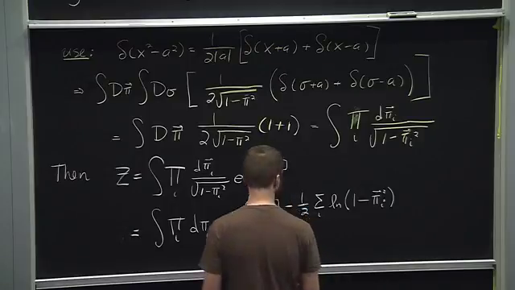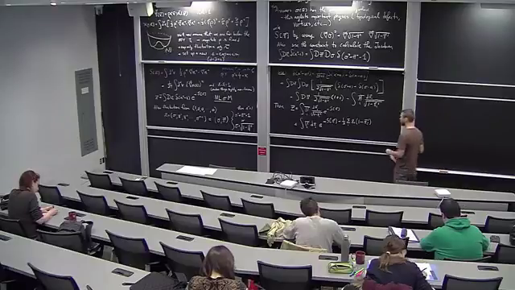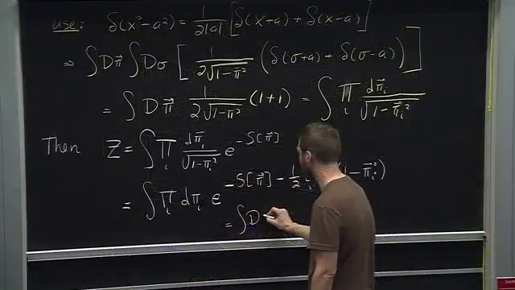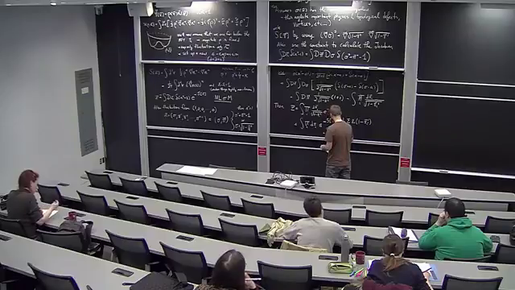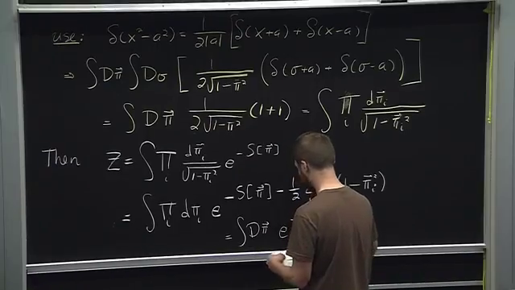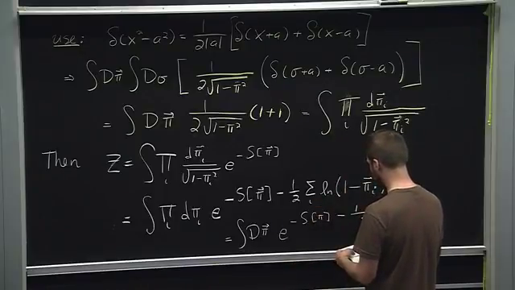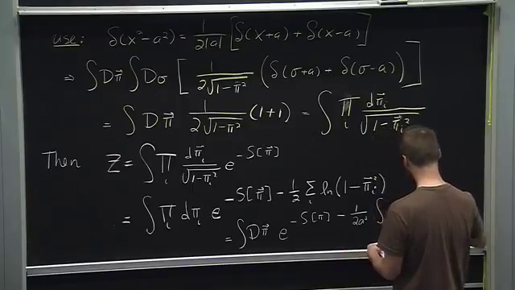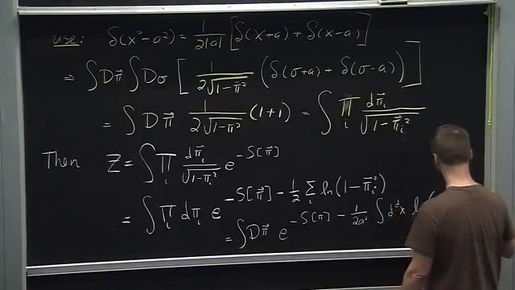So let me write this as now my functional integral over pi. How did I write that before? E to the minus S of pi. And let me turn that sum into an integral, which becomes strangely important later on. I'll just write it like that.